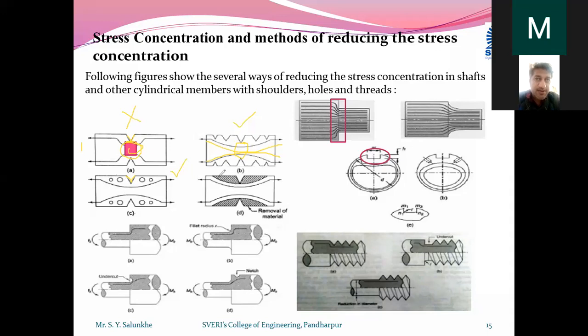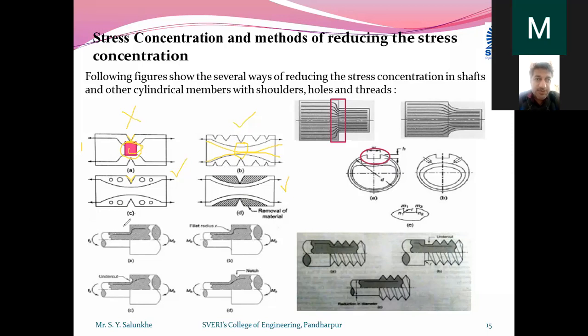Or, instead of having the notch only, you can remove the material nearby, but this is possible only when the notch is not playing an important role in the functioning of that component. You can remove that much material and smooth down the streamlines. This is one example.